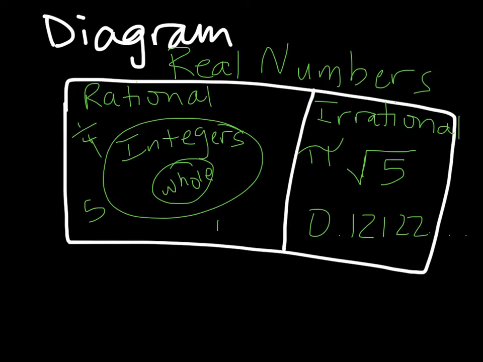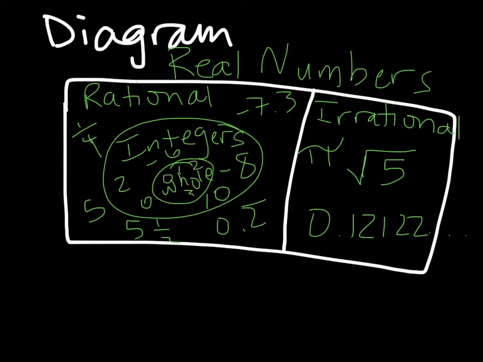I think about numbers like 0.2 repeating. I think about negative 7.3. I think about 5.5. Those are all rational numbers. When I think about integers, I think about 2 and 0 and negative 8 and negative 6 and 10. And when I think about whole numbers, I think about 0, 1, 2, 3, and so on.